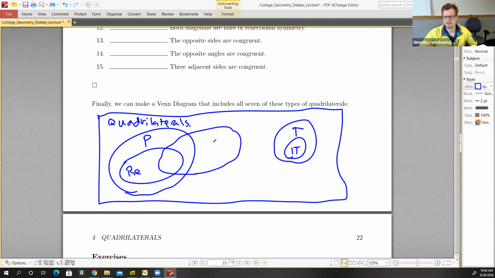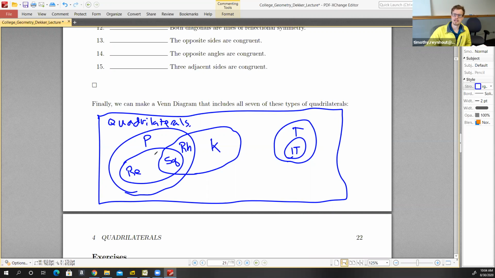What we actually have are kites, which don't necessarily have parallel opposite sides, right? They're not necessarily parallelograms, but they could be. In fact, we saw earlier that we could manipulate a kite into a rhombus. And so a parallelogram that is a kite would be a rhombus. And then a rhombical rectangle would be a square.